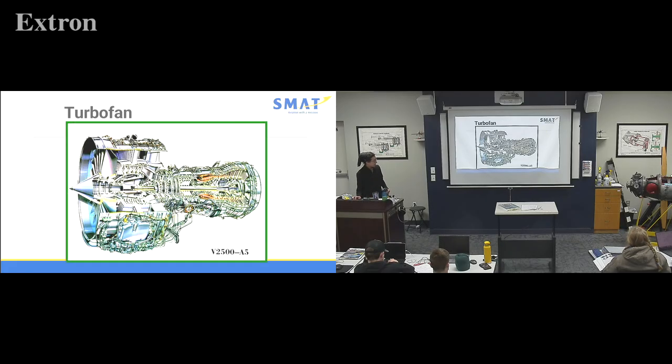And then back to the turbofan. What we have here in front of our compressor, you can think of kind of as the first stage, which is the fan, and then our compressors back here going to our turbines. We'll talk about stages of compressor and stages of turbine.